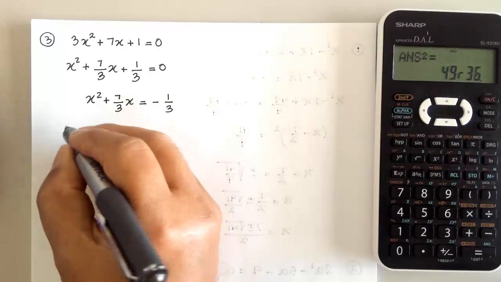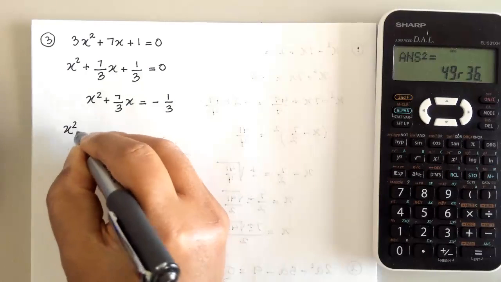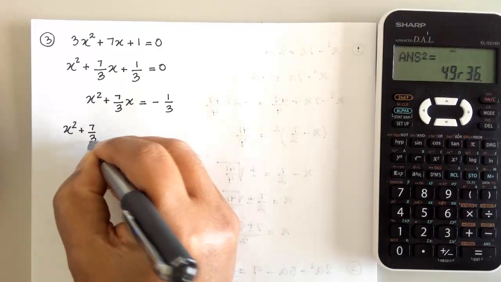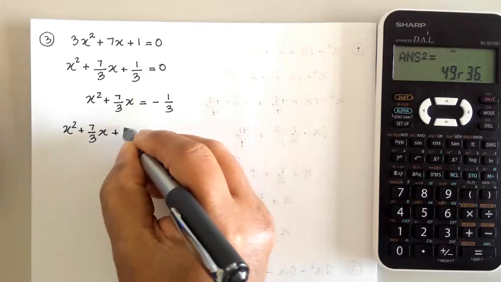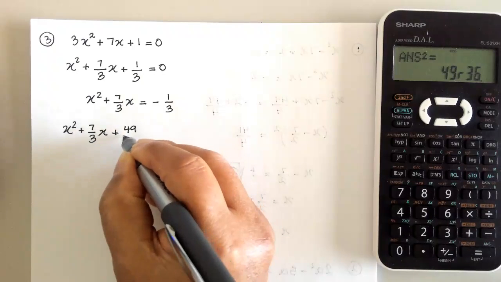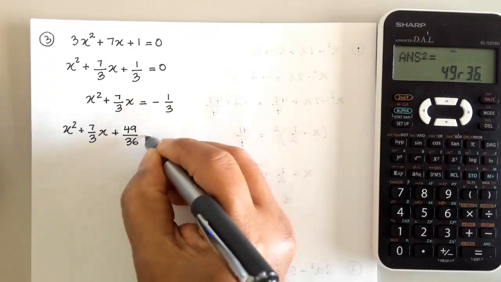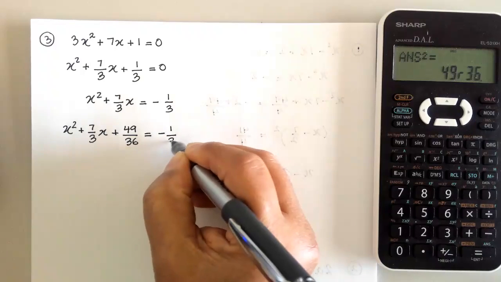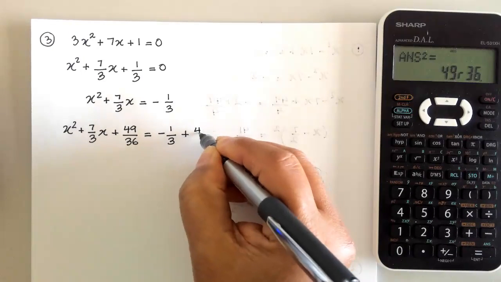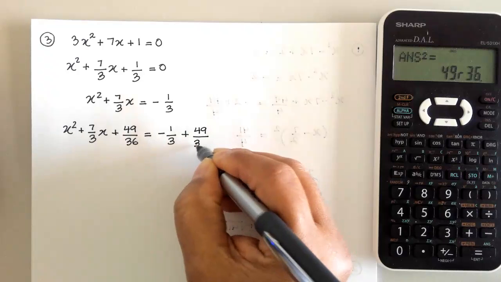So we do x squared plus 7 on 3x plus 49 over 36 is equal to negative 1/3 plus 49 over 36.